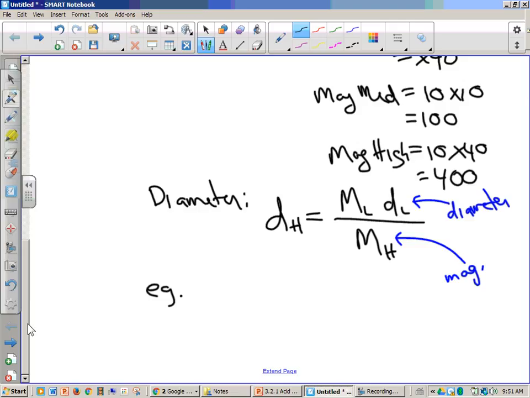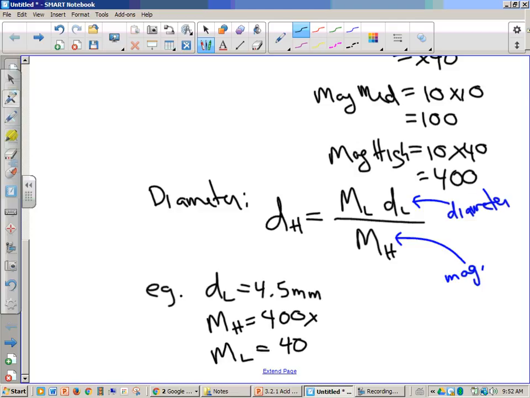Let's say I have a DL of 4.5 millimeters. And let's say I have an MH, well, I might as well use my numbers, 400 times. And I have an ML of 40 times.